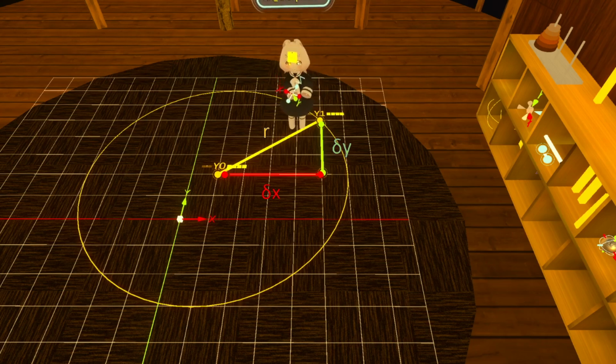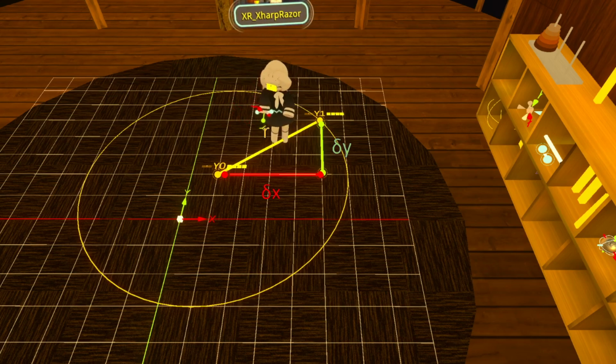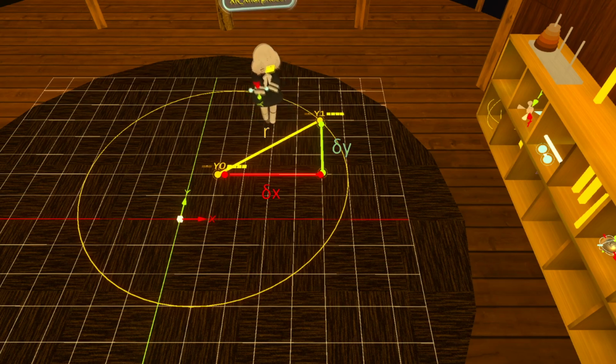Now, assume that you haven't picked a convenient point, like let's say you just pick a really bad point, so you don't know exactly what your delta x and delta y are, but it's okay. Let's just put them into the formula. If you take a look at this, you know that this is a right triangle.